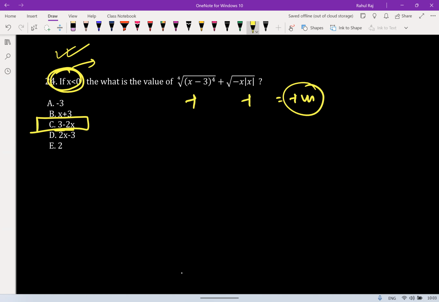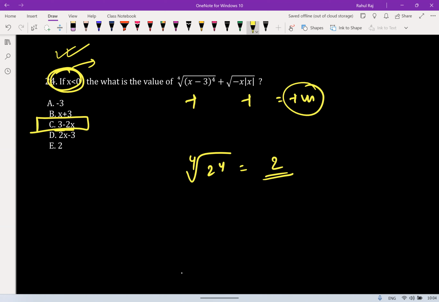And this one, if it's to the power of 4 and it's the fourth root, both cancel out always. Imagine that you say square root of 16 is 4. When there is nothing here, it means this is 2. So if it is 2 to the power 4 here and this is 4 here, then this will become 2.